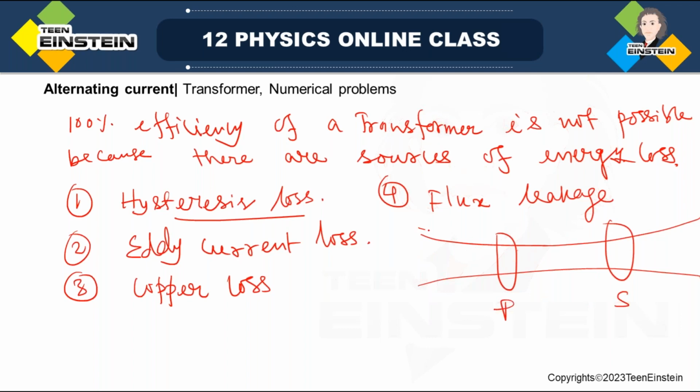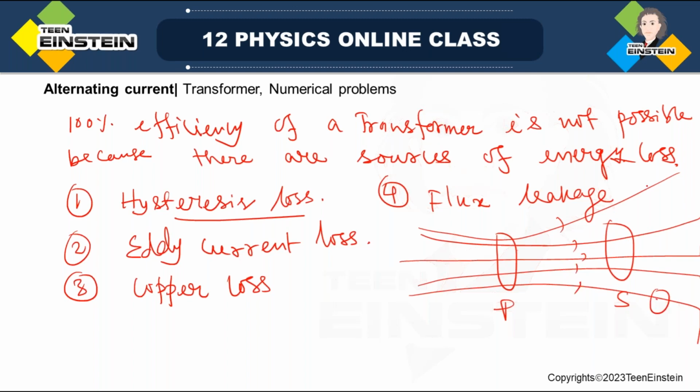But suppose some flux is connected to the primary but not linked to the secondary coil, then there is flux leakage. See this one and this one, these are not going through the secondary. This is called flux leakage, and due to this there is a loss in energy, and then 100% efficiency is not possible.